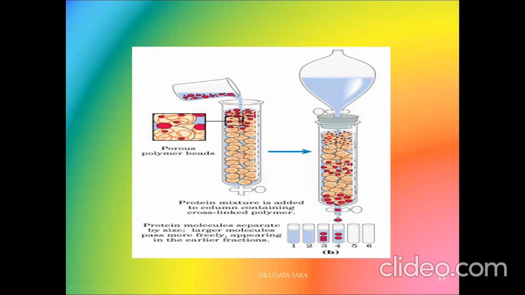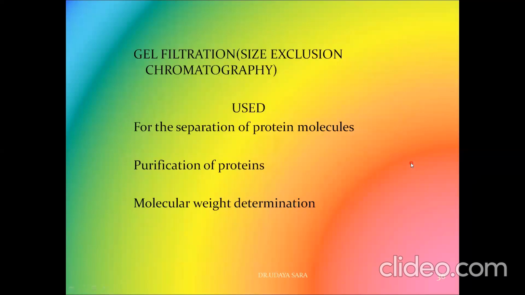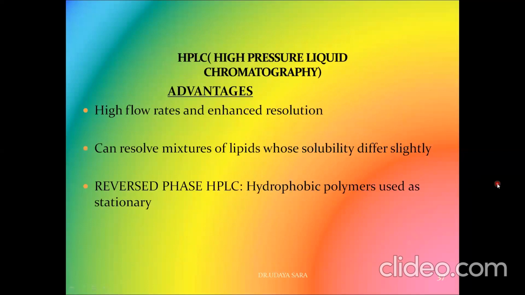The smaller molecules have to pass through all the pores of the gel and are eluted last. Gel filtration chromatography is used for the separation of protein molecules. Also, if you want to purify a protein, you can use gel filtration chromatography, and also for molecular weight determination.